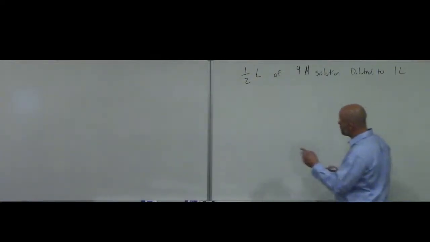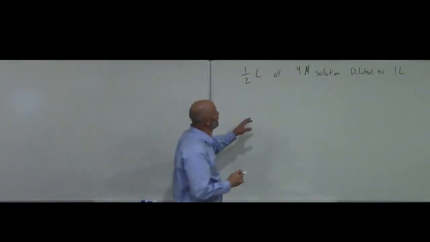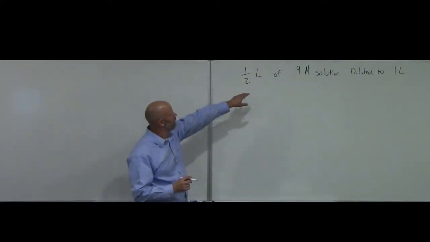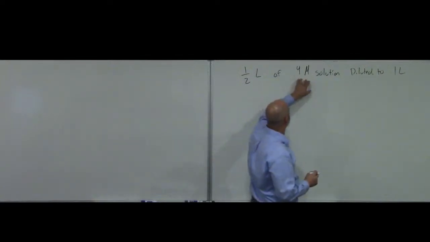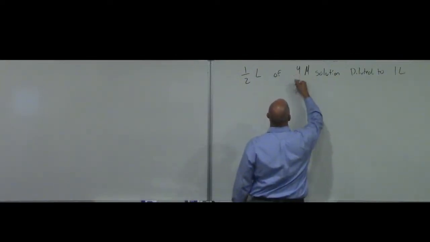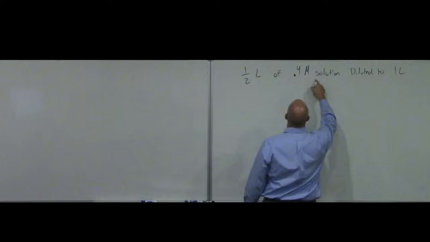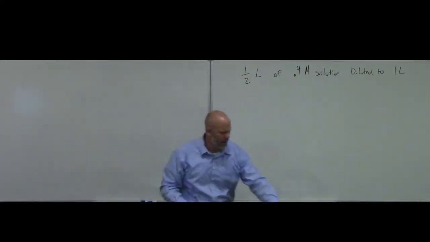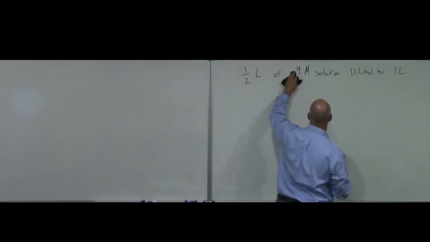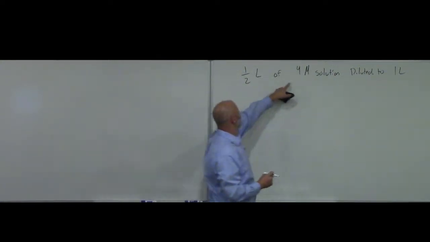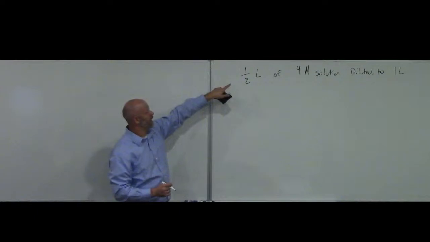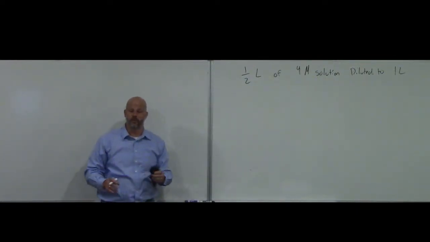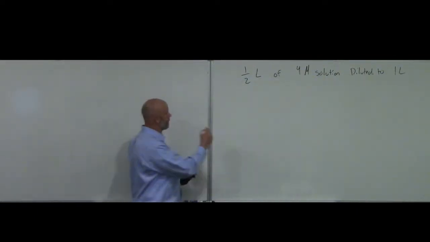So, based on what we just said, I can figure out my number of moles by multiplying 0.4 molar times a half a liter. I just kept it simple, didn't I? It was just 4 molar. So let's do that. How many moles do I have if I have a half a liter of a 4 molar solution? 2 moles, right?